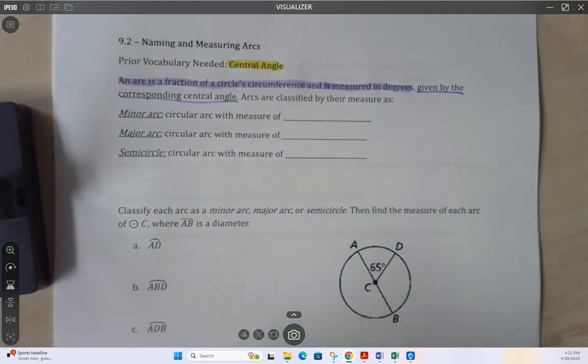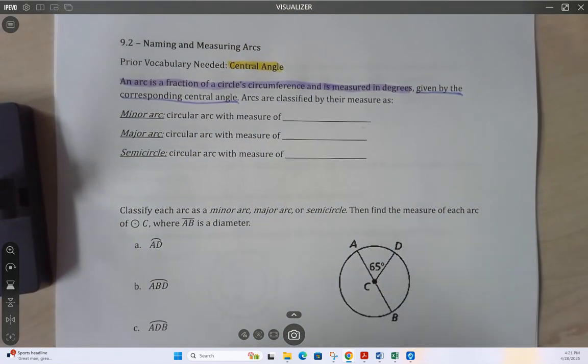It seems a little funny at this point that if an arc is a fraction of a circle's circumference, why is it measured in degrees instead of as a fraction of the circumference? That is because we have both an arc measure and an arc length that we are going to talk about in this unit.